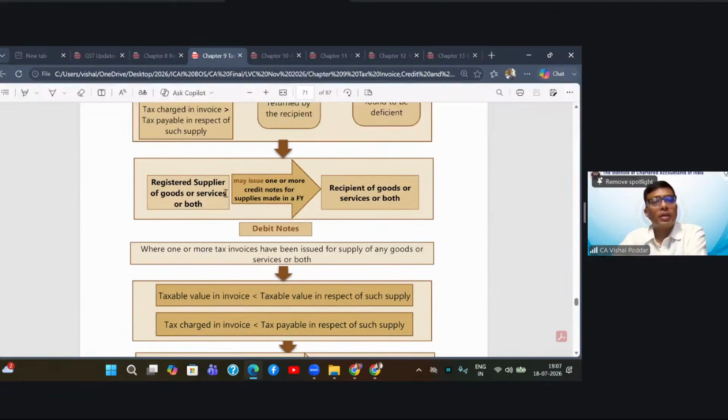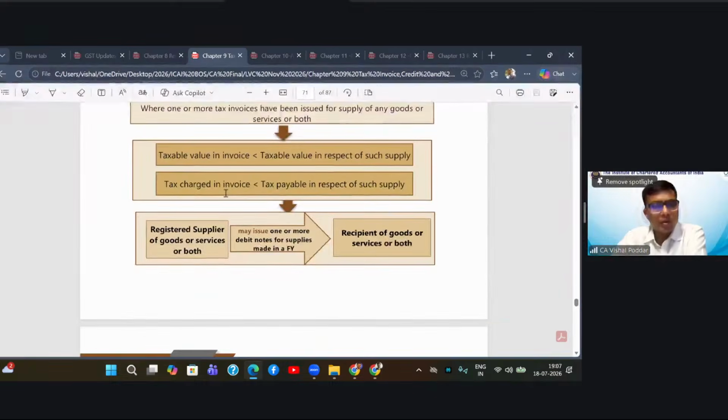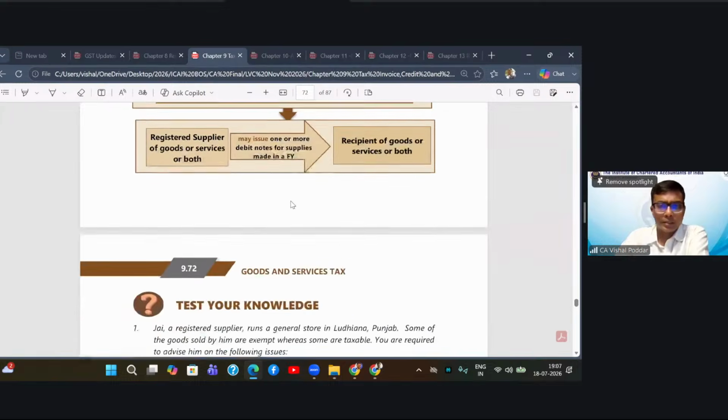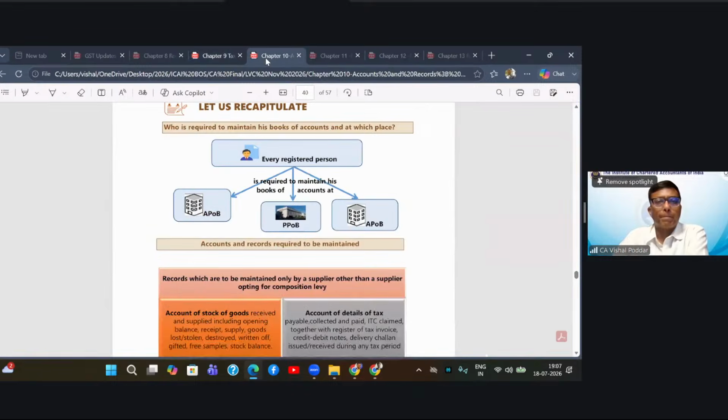The time limit is next financial year's 30th of November or filing of annual return, whichever is earlier. However, for issuing a debit note, students, there is no time limit. So make a note of this: for credit note, there is a time limit. For debit note, there is no time limit. Correct? Okay.